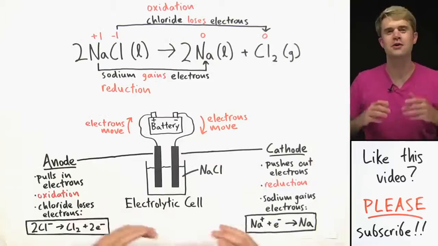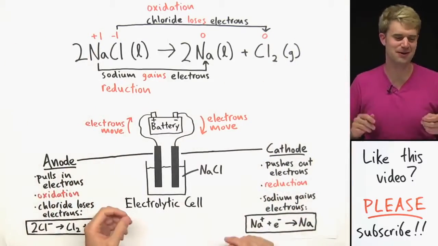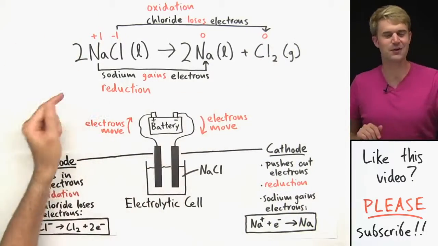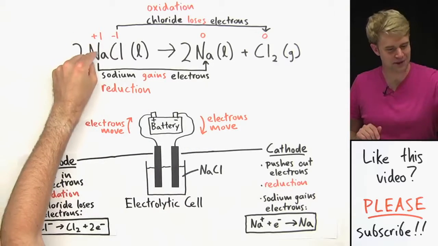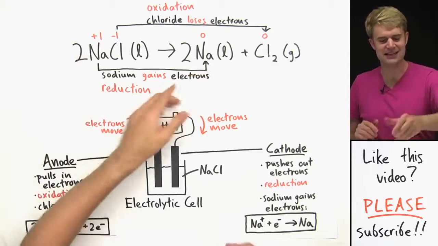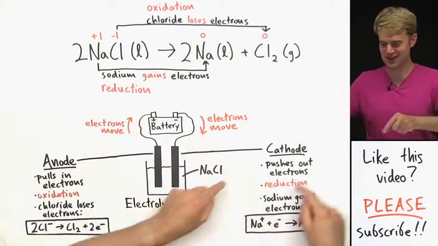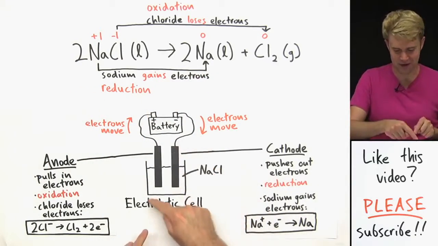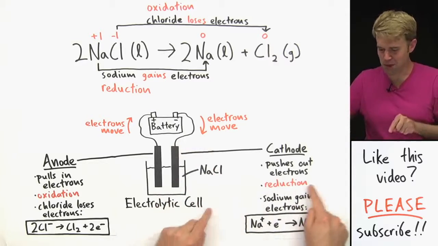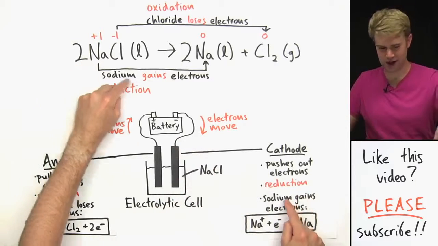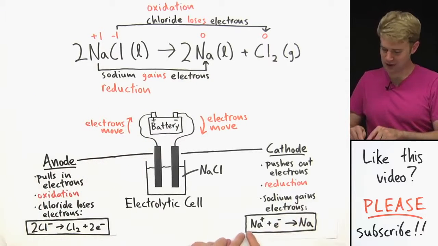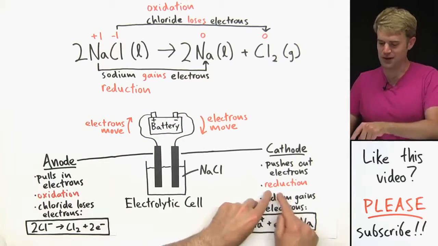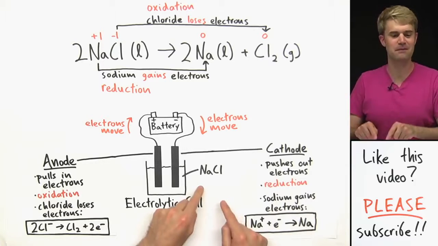So let's just pull everything together that we talked about. Here is our final equation for the electrolysis of sodium chloride. This happens because sodium gains electrons and is reduced. This happens at the cathode in the electrolytic cell, which pushes out electrons. It's where reduction takes place, and it's where sodium gains these electrons. Here is the half reaction for the reduction of sodium.